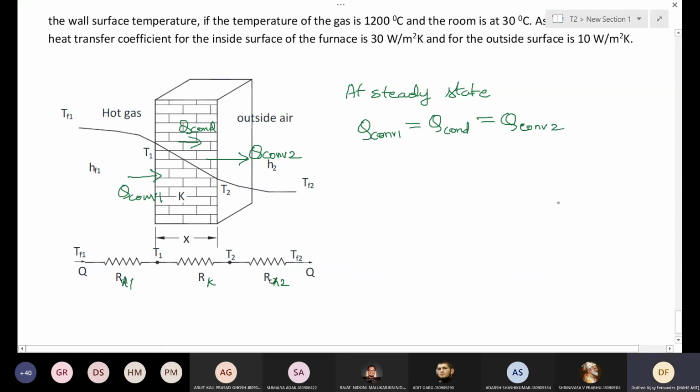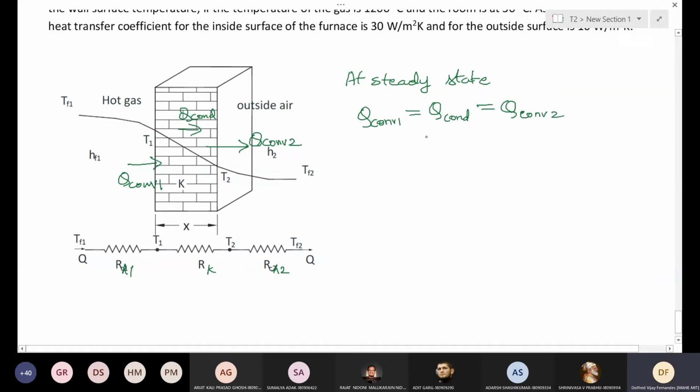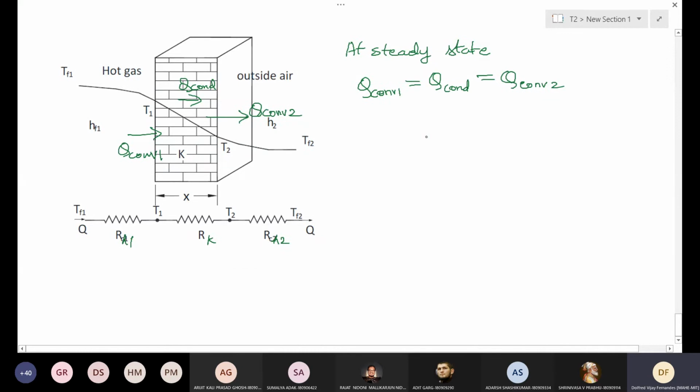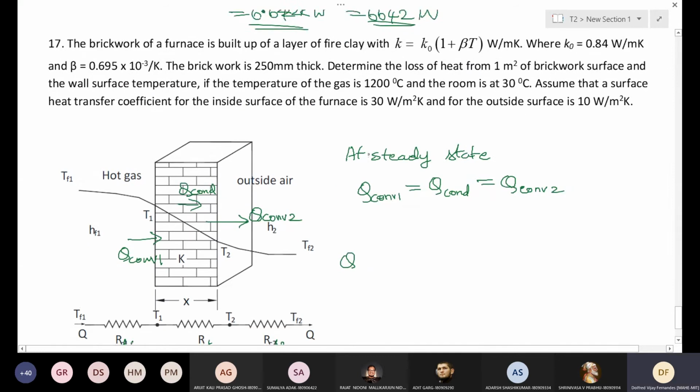Now write the formula for each of these. What is Q convection 1? Estimate that. Again, remember that the area of the wall to be considered is 1 meter square. It is HA delta T. So you can substitute for that first.